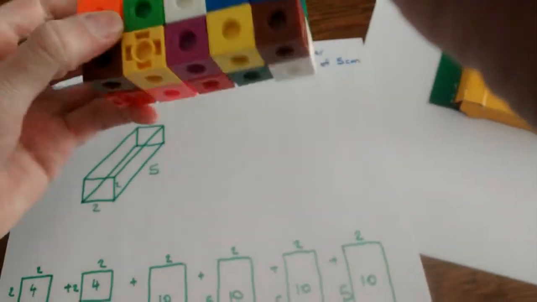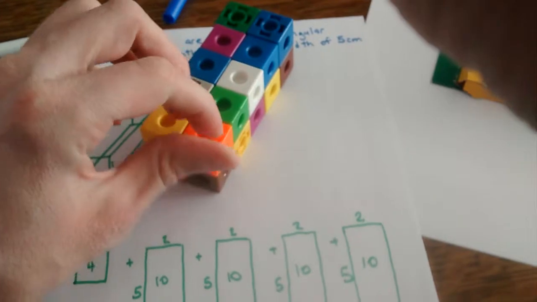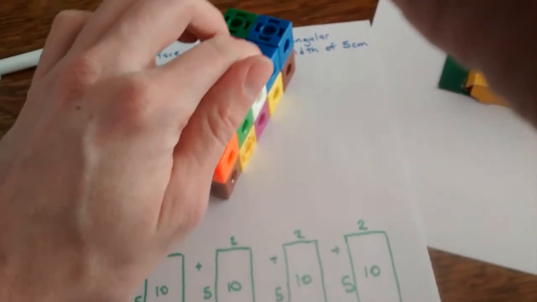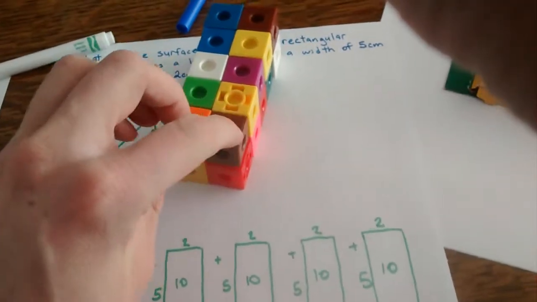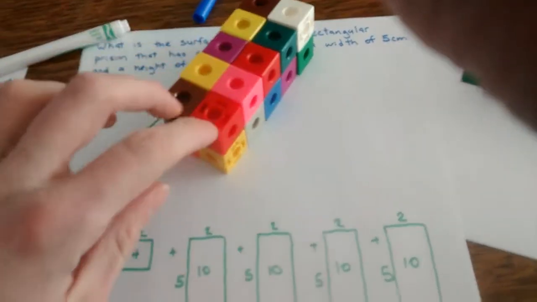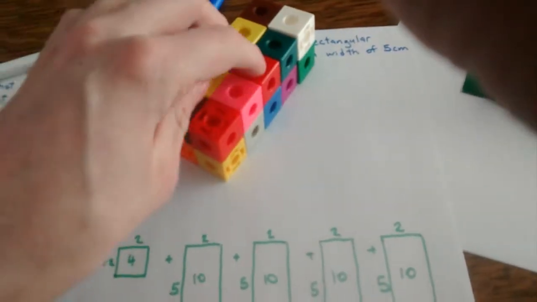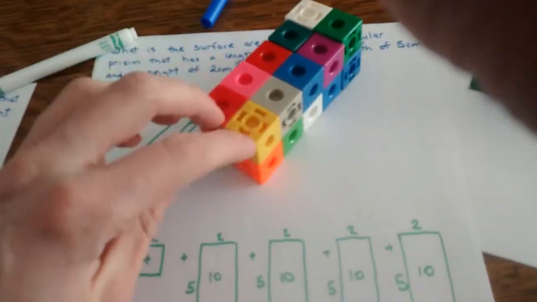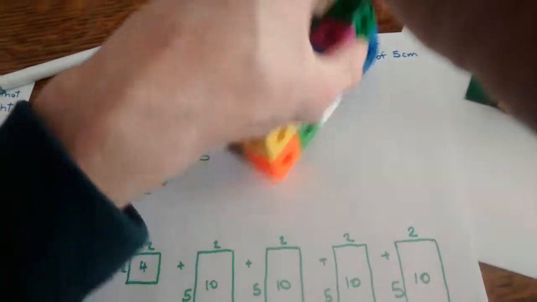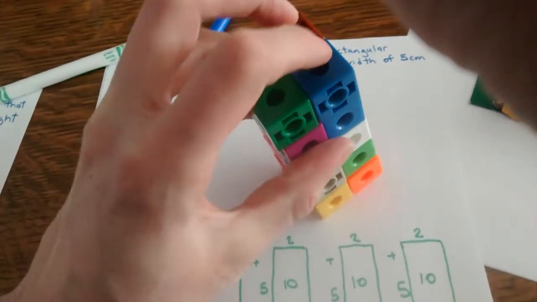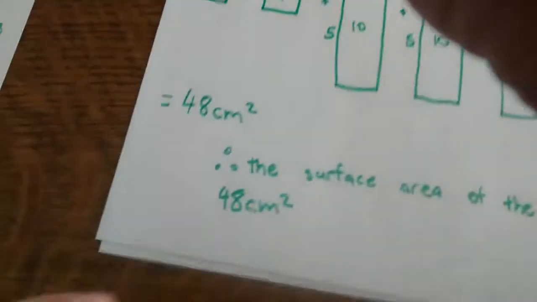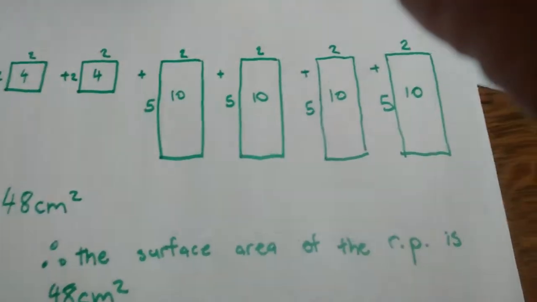Now that's not to say there's 48 cubes, but surface area are the faces that are showing: 2, 4, 6, 8, 10, 12, 14, 16, 18, 20, 22, 24, 26, 28, 30, 32, 34, 36, 38, 40, 42, 44, 46, 48. 48 faces. And that's how you do surface area.